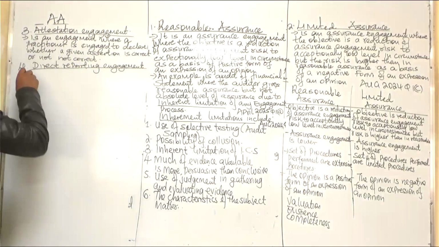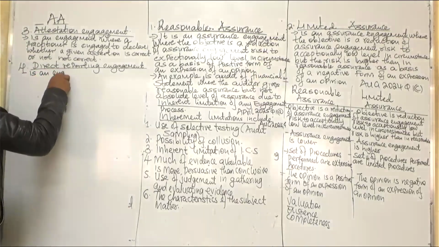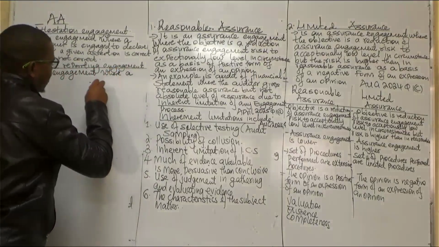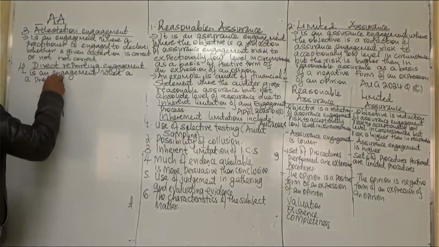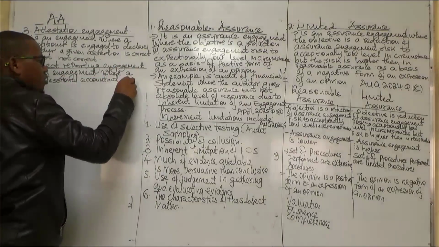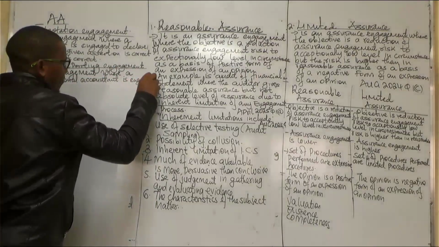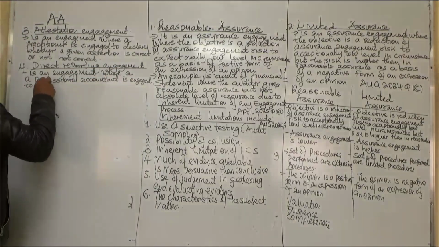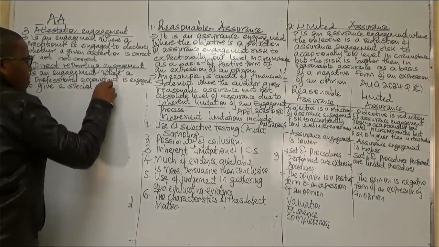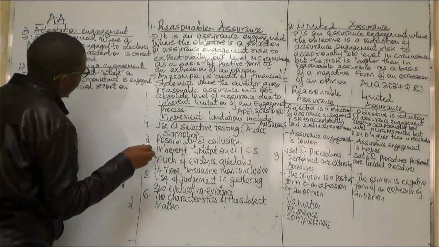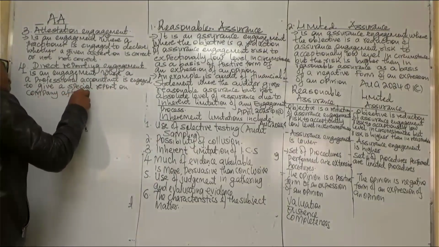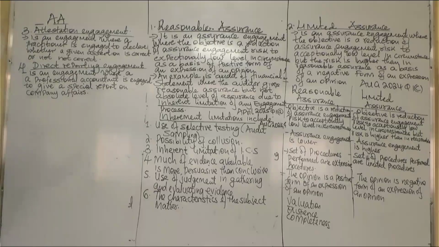To evaluate the company and give feedback on how the company is, to help the organization make a decision on whether to acquire that company. So it is where a professional accountant is engaged to give a special report on company affairs.